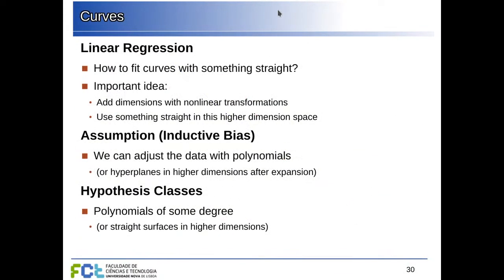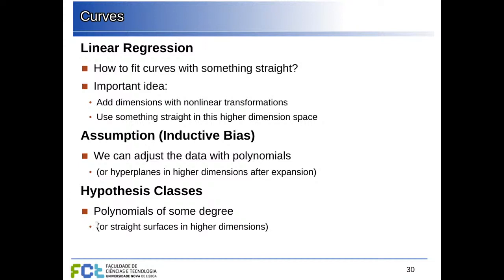And since we have this idea that we can keep using a linear model, but on a higher space after doing some nonlinear transformation with our data, we can apply this in many different cases. So as long as we can work with a linear model, then just transforming our data adequately can allow us to cover many different hypothesis classes.